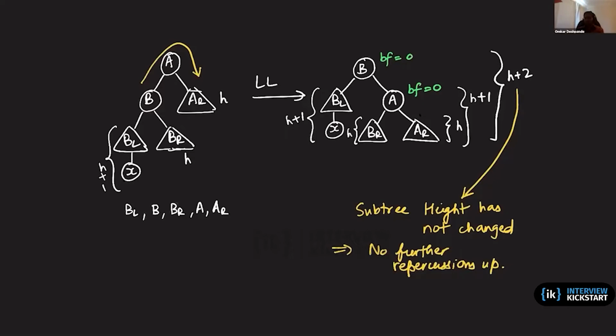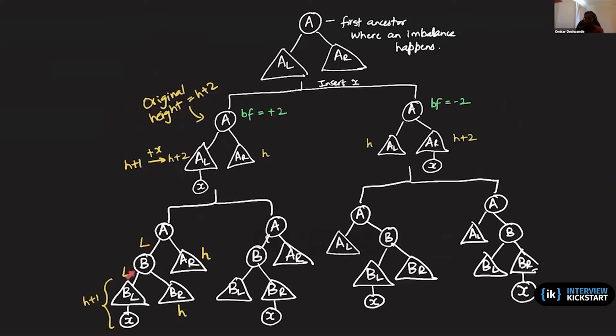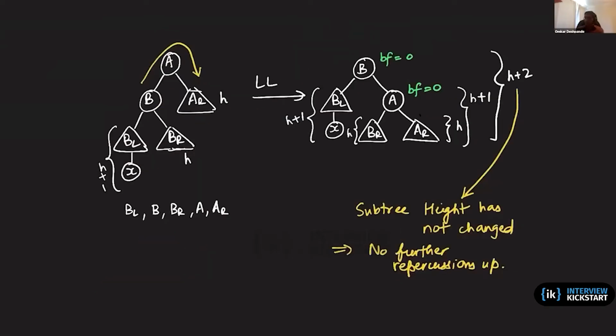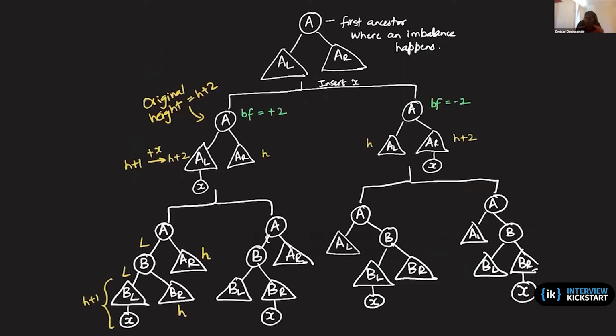But basically, when you do an LL rotation, you have to identify which node you are doing an LL rotation with respect to. So if A is the node, and you want to do an LL rotation there, this diagram tells you what A dot right will be. Well, it's actually going to remain the same. A dot right doesn't change.